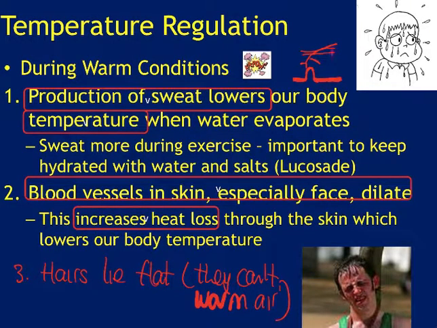And if we draw a little sweat pore over here, you can draw little drops coming out of our little sweat pore, and we just do the gland part at the bottom. Okay, so production of sweat. This word here, you can use vasodilation to describe it if you so wish. So we had vasoconstriction in the cold, we have vasodilation when it's hot, and we have our hairs lie flat. So that brings us to the end of the different functions of skin.